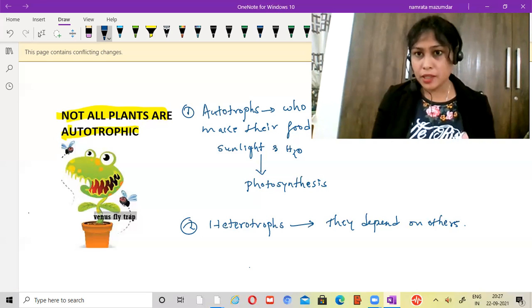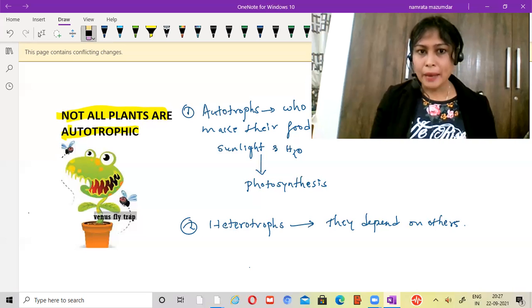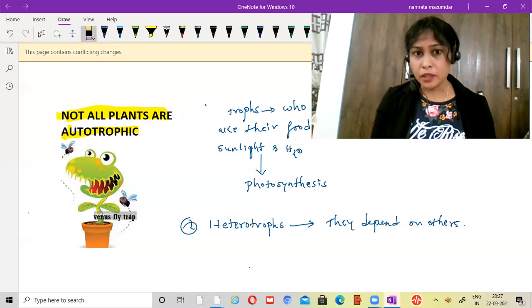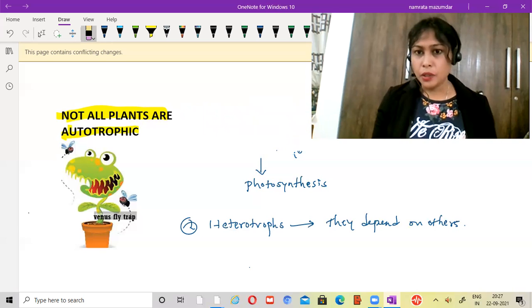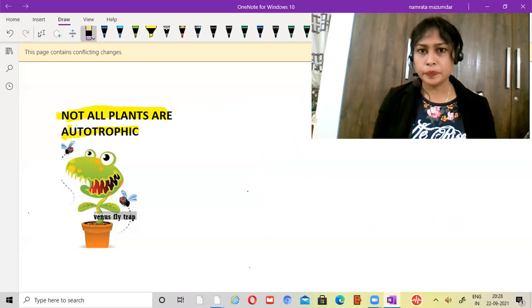How Nepenthes looks like. Nepenthes is also an insectivorous plant. You can see it in various places like your gardens also. Nepenthes looks like a tubular structure like this, and it also contains digestive fluids.